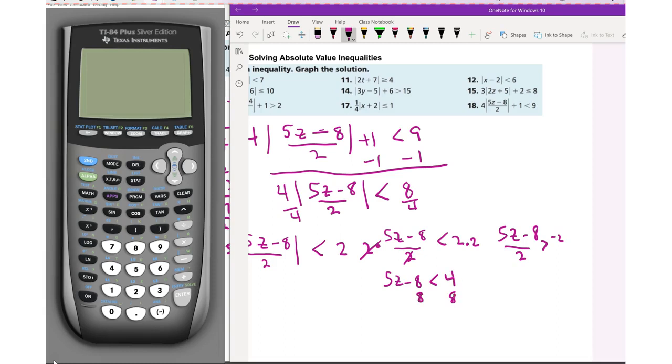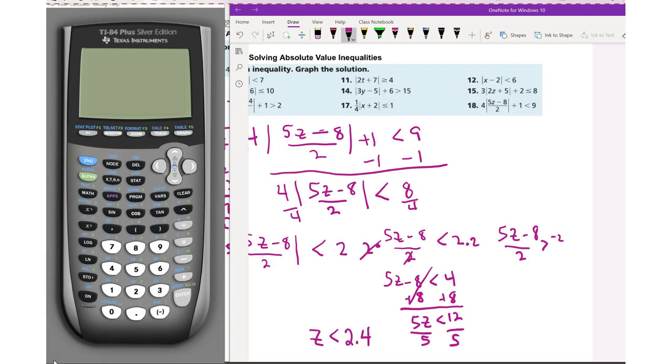You add 8 to both sides. The negative 8 plus the 8 cancel or become 0. So you have 5z is less than 12, divided by 5. So the first answer is going to be z is less than 12/5, so it's 2.4.